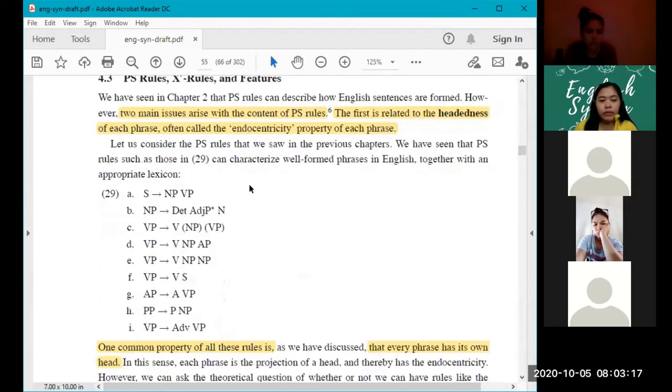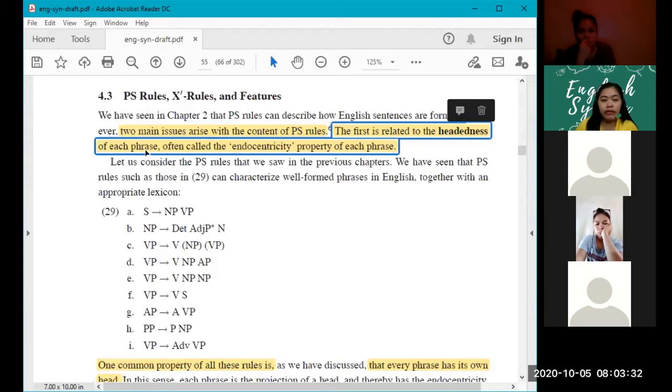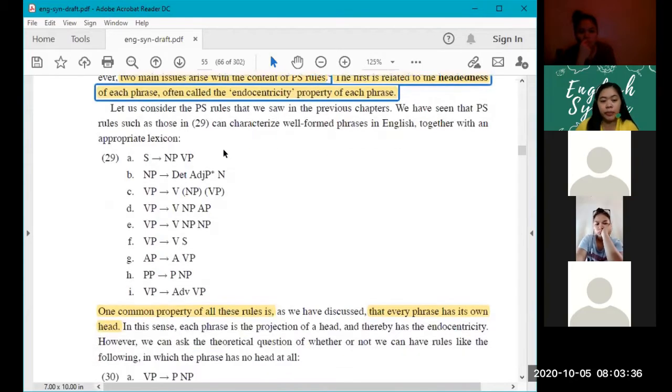Now, what we have to focus more on here are the PS rules, the X-bar rules, and features of these rules. So we have two main issues that arise with the content of the PS rules in the previous chapter. The first one is the headedness of each phrase, which is often called the endocentricity property of each phrase.